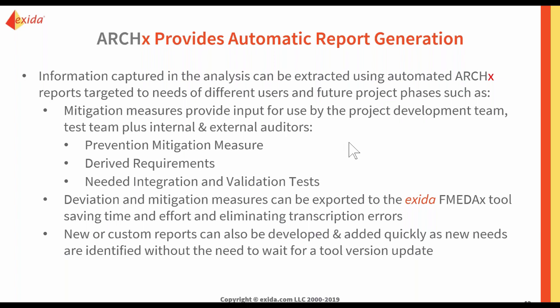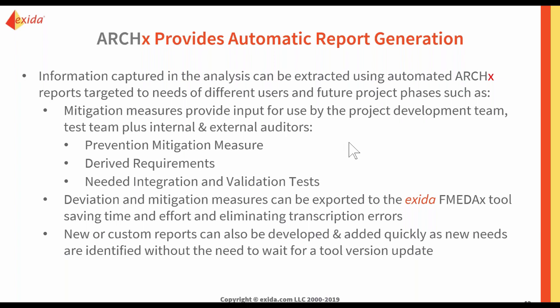All the deviation and mitigation measures can be exported directly to the exida FMEA X tool, which saves a lot of time and effort rather than re-entering them, and it eliminates transcription errors. The information then has you all set up to do an FMEA X, showing all the functional failure modes, the failure mode distributions, and the diagnostic coverage effectiveness of any diagnostics actually chosen for the project.